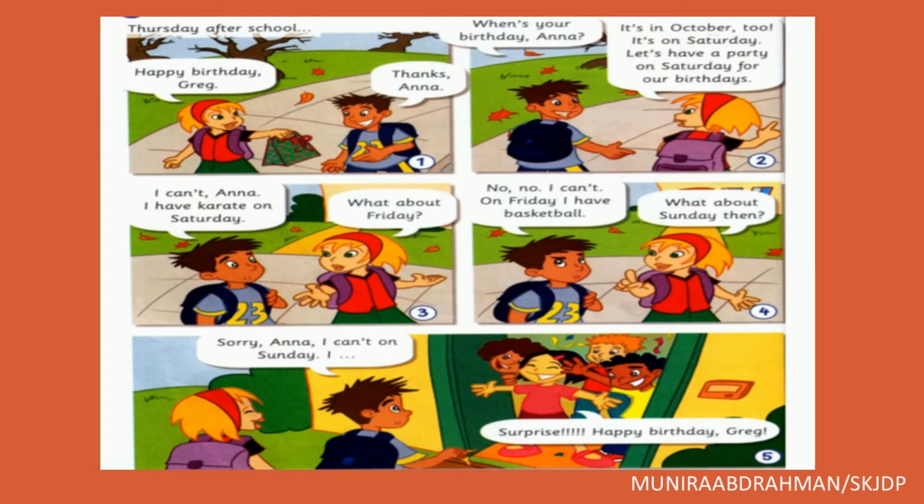I can't, Anna. I have karate on Saturday. What about Friday? No, I can't. On Friday, I have basketball. What about Sunday then? Sorry, Anna. I can't on Sunday. Surprise! Happy birthday, Greg!